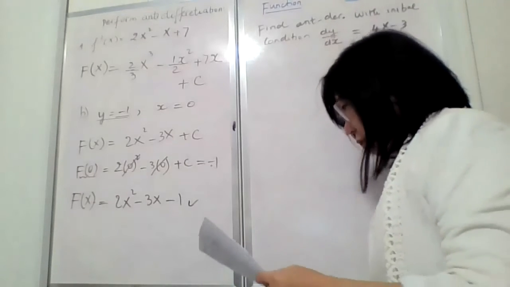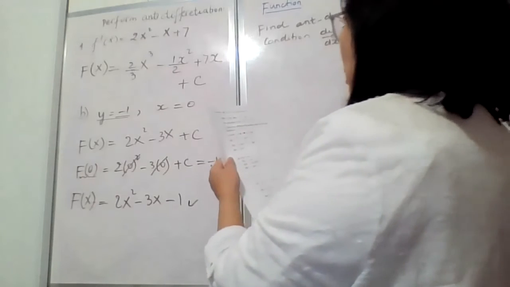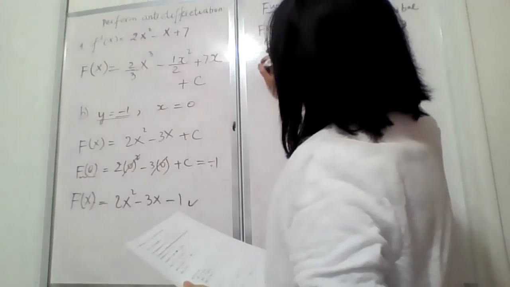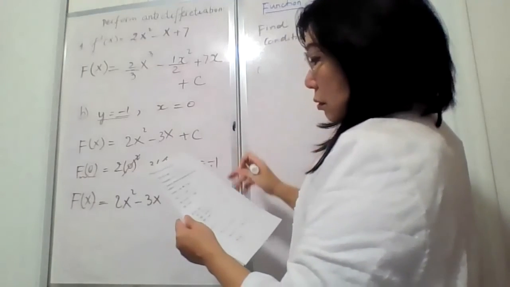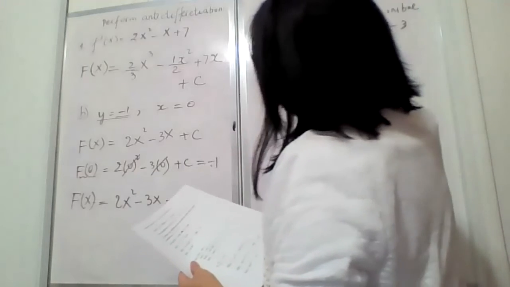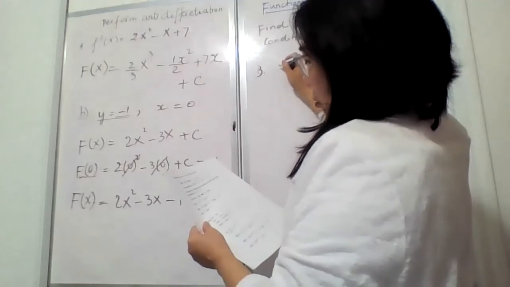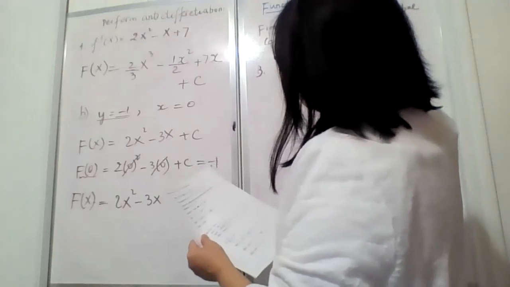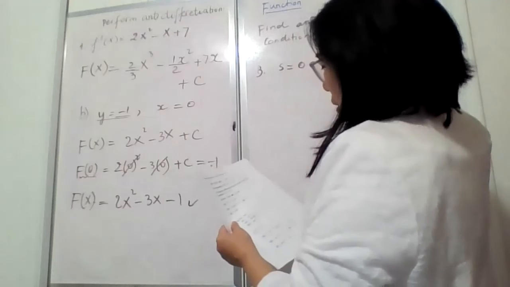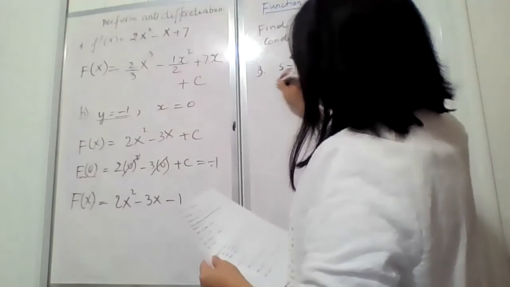Sorry about taking time to erase my board. So let's say you have a question C. Now let's do another question. Let's say question 3. So they give you s equals 0 and t equals 0.